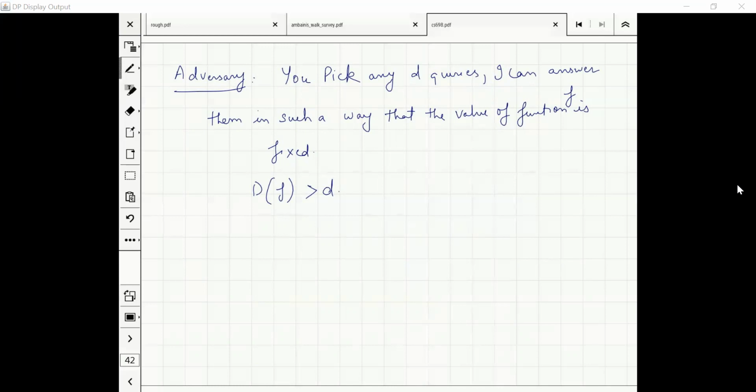Yes. Right. So let's say LD of F is the max D such that there is an adversary argument of depth D for F. What do I know about D of F and LD of F?